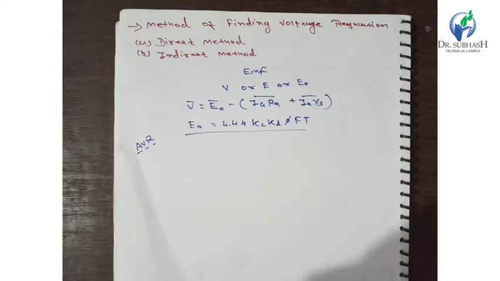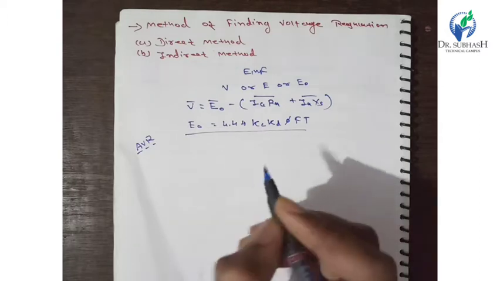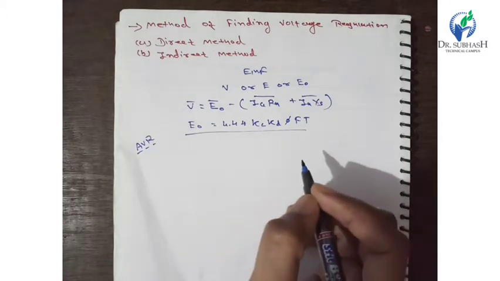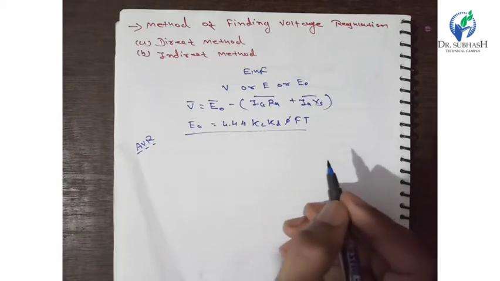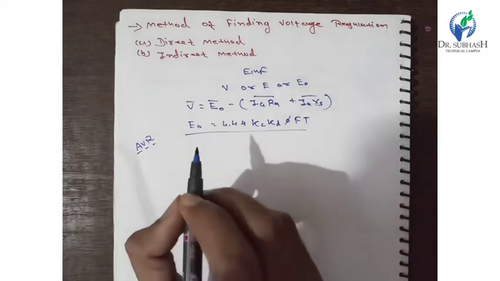Now, for the definition of voltage regulation, we know that voltage regulation is defined as the change in terminal voltage of the alternator when the load is thrown off, divided by the rated terminal voltage.